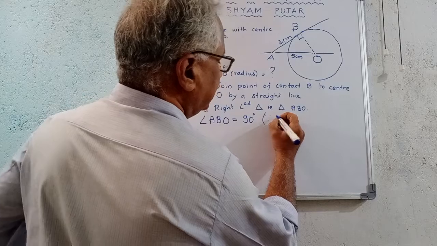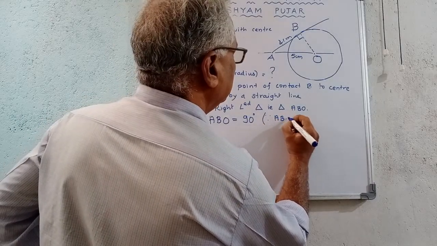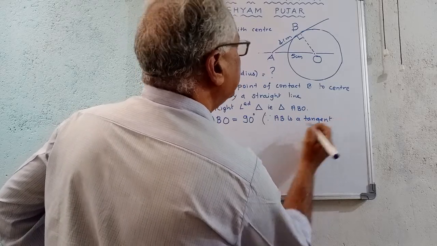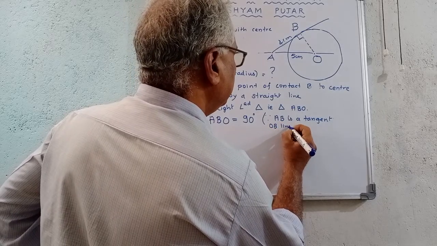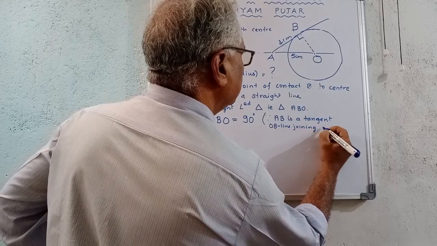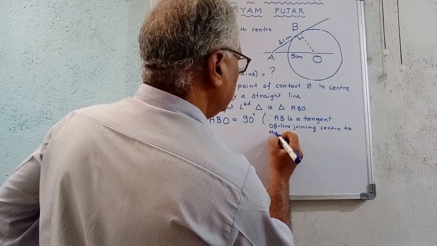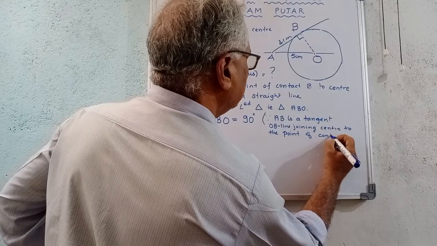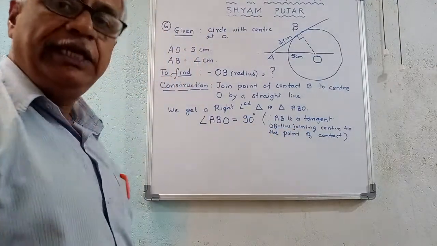We are going to write it as a reason. AB is a tangent, OB is the line joining the center to the point of contact, and hence ABO is 90 degree.